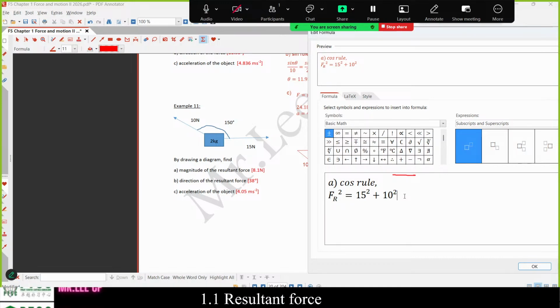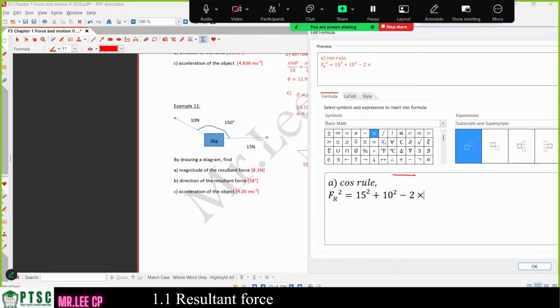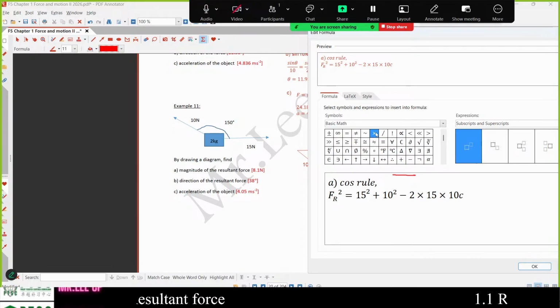After you add the squares, you minus 2 times 15 times 10 times cos the angle, cos 30.